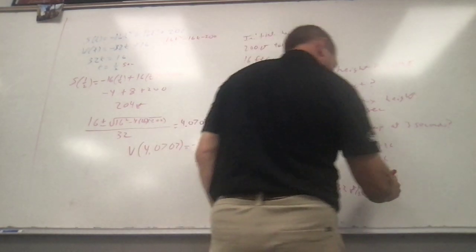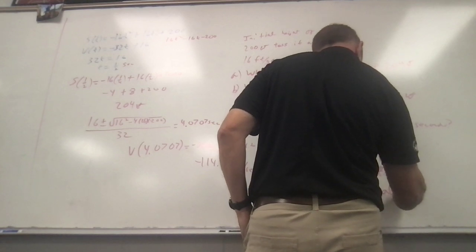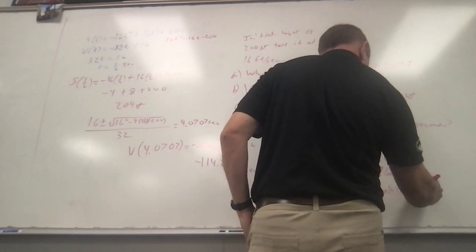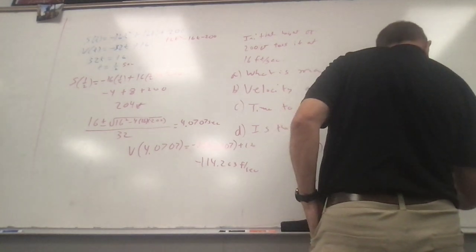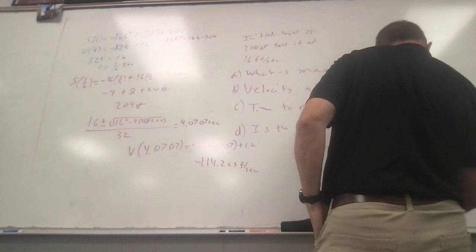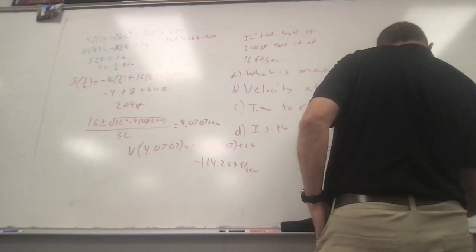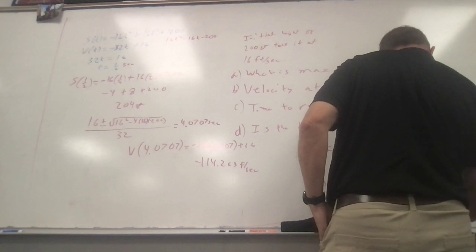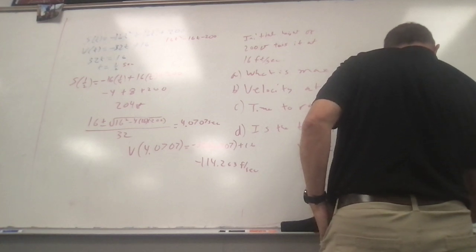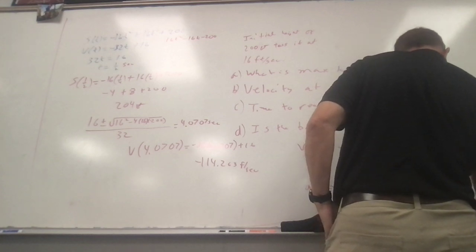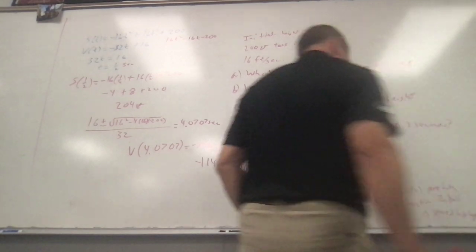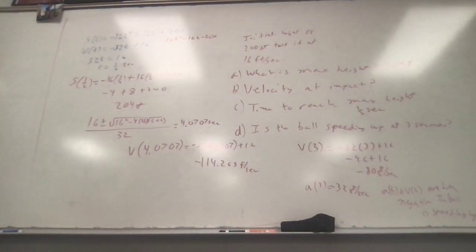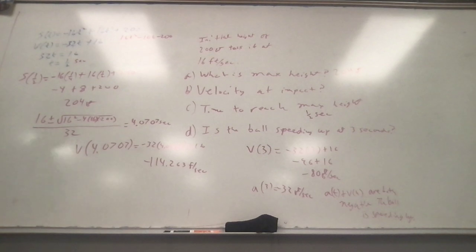So because A of t and V of t are both negative, the ball in this case is speeding up, sorry, I said that wrong. And there we have it, the 4 parts to this problem.